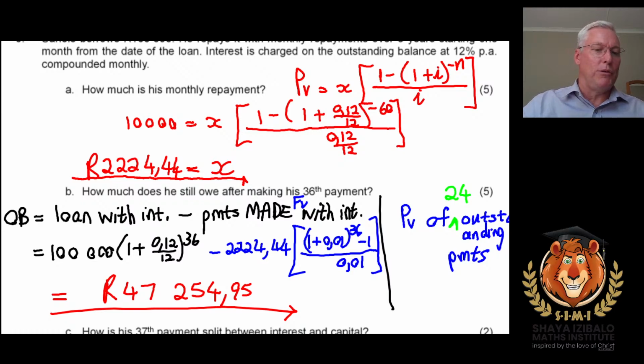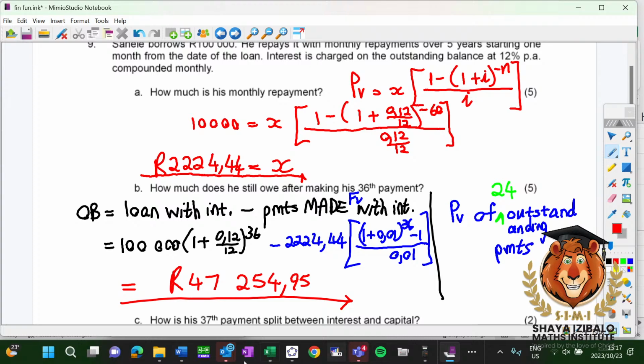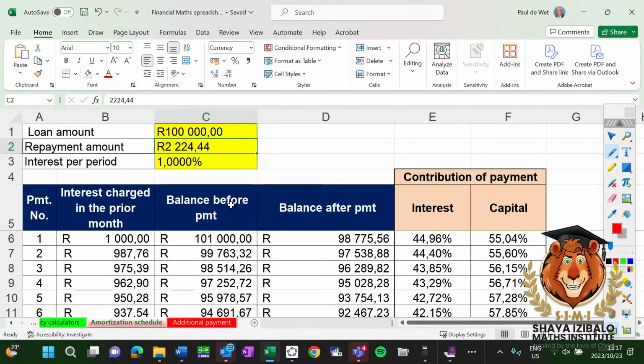Now, one of the things that we can do really nice is we can model a loan on a spreadsheet. So I'm going to show you this particular loan on the spreadsheet. And it's exactly what I was showing you just now when I showed you that very simplistic example. All right. But there it is nonetheless. Okay, there's the 100,000 Rand, there's the repayment, and it's 1%.